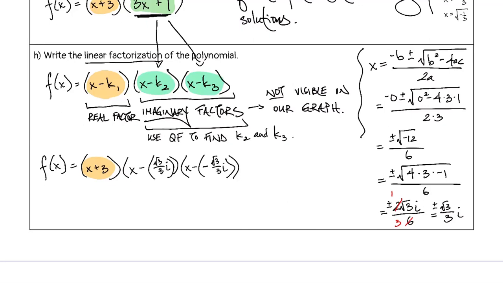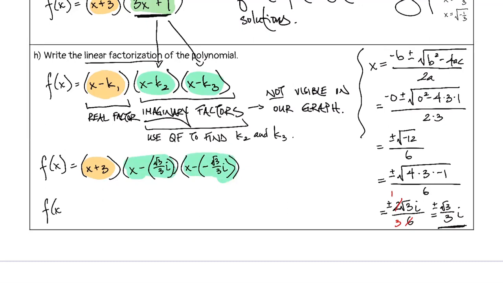Okay, so remember how the factor is x minus k. That's why I have the minus sign in there. And then I put in the positive version and the negative version of whatever I got from my quadratic formula. So this is like my x minus k2. This is like my x minus k3.